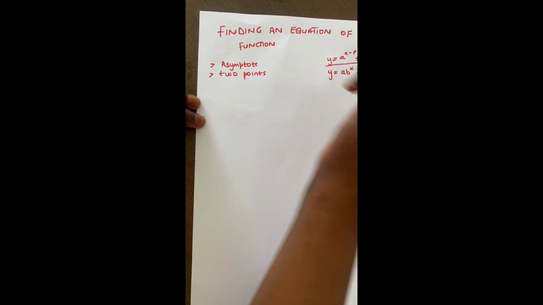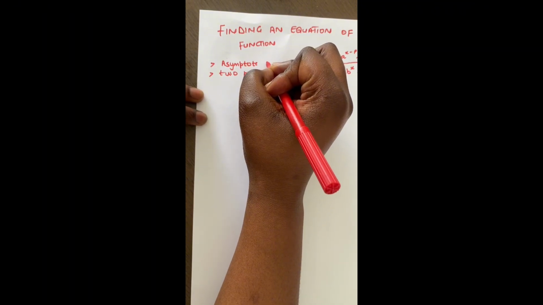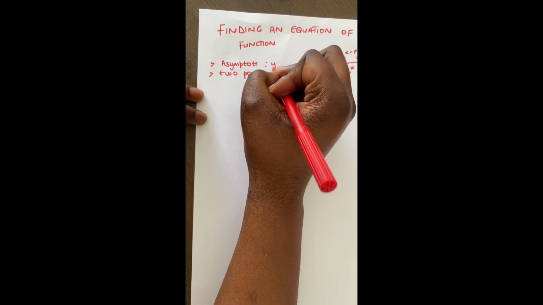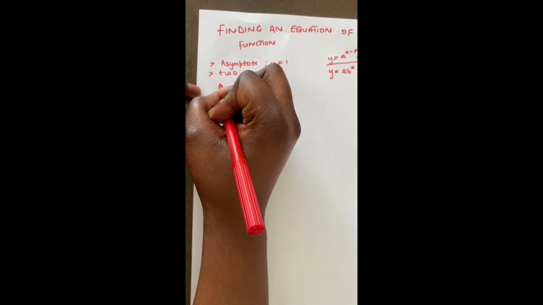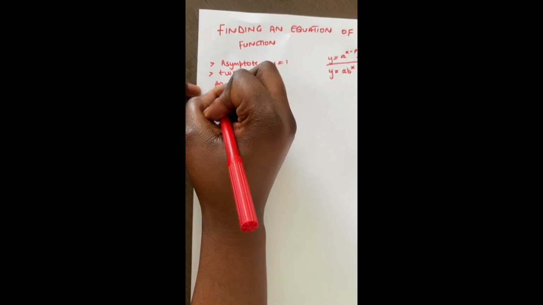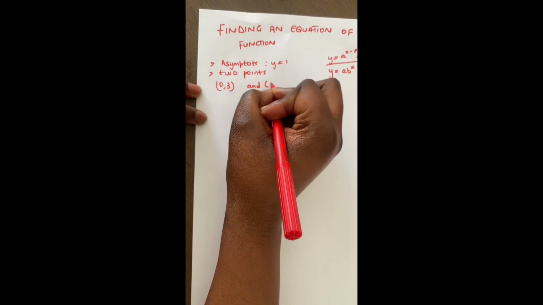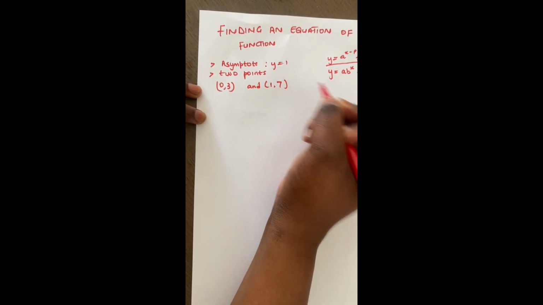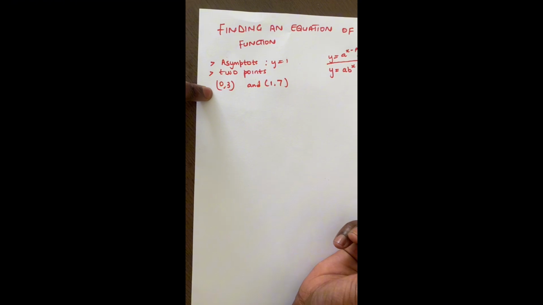so let's say you are given an asymptote y is equal to 1 and 2 points, (0, 3) and (1, 7). Okay, so this one, you have to be careful when you are given 2 points like this.